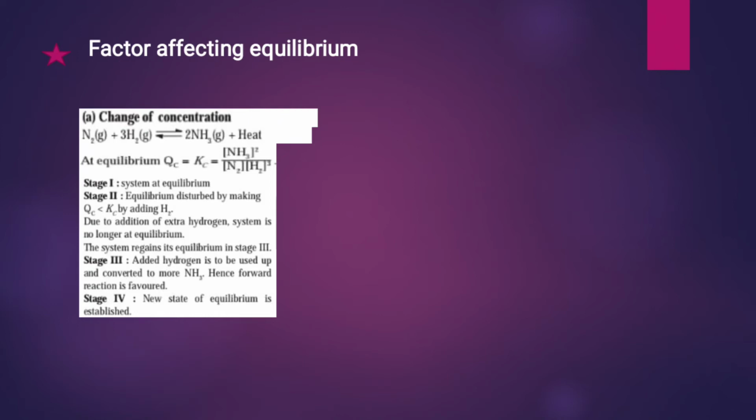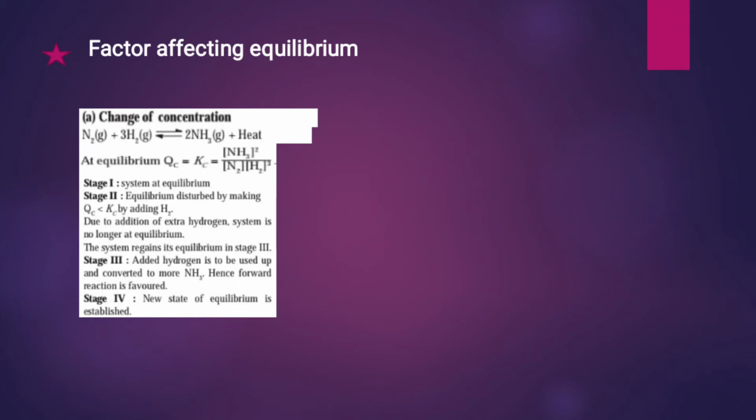N2 gas reacts with three moles of hydrogen gas, reversibly giving two moles of ammonia, NH3, in the gaseous state, and liberation of heat is there. As heat is liberated, it is an exothermic reaction. Here iron with a small quantity of molybdenum acts as a catalyst in this reaction.